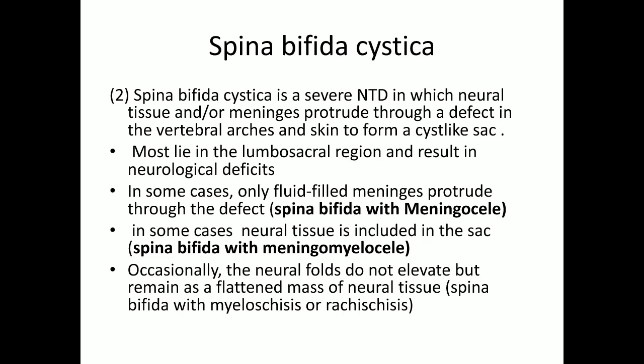And in some cases neural tissue will also come into this sac, and then we call it spina bifida with meningomyelocele. Myelo means spinal cord, so when both meninges and spinal cord are present, it is called meningomyelocele.